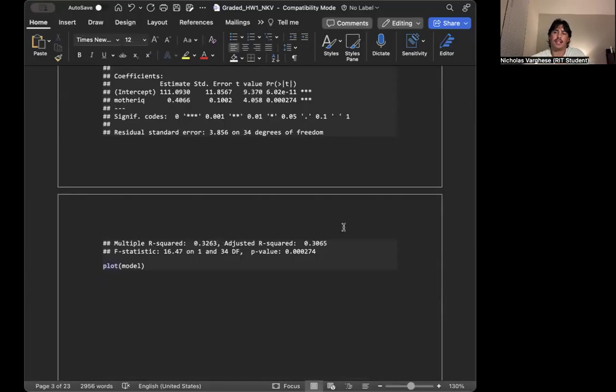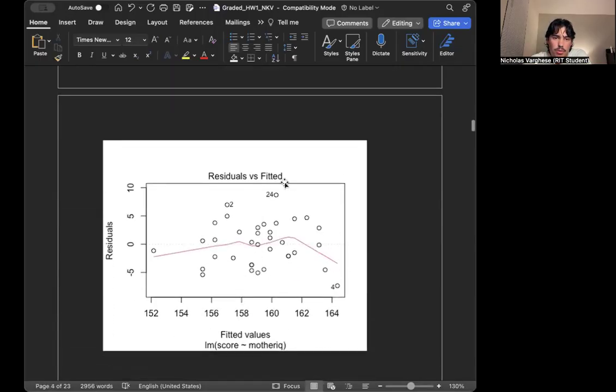This means that the model is statistically significant, and mother IQ has a decent explanatory power for score.